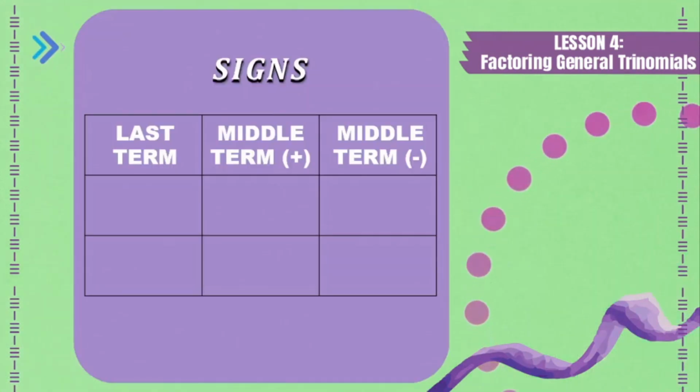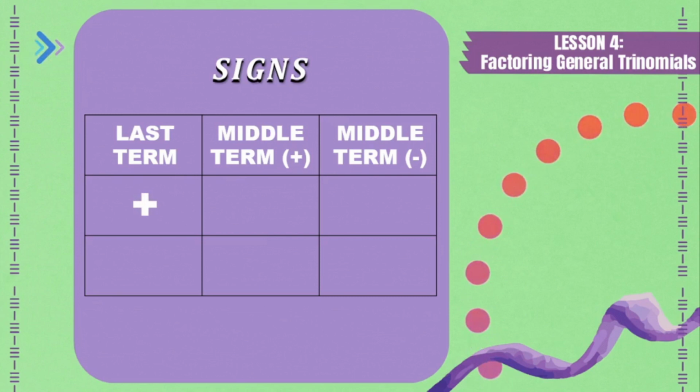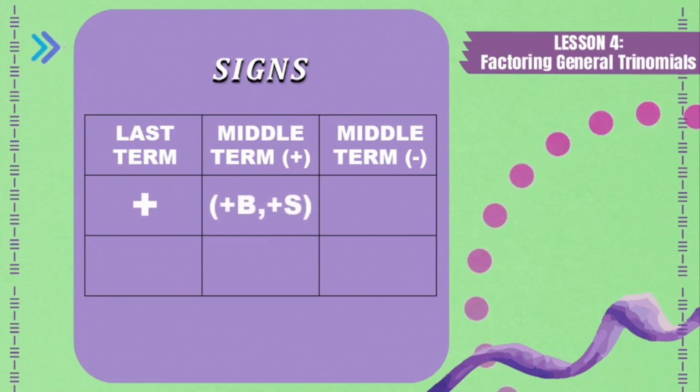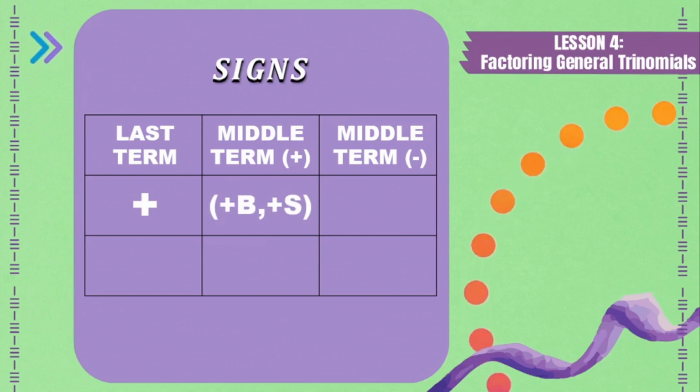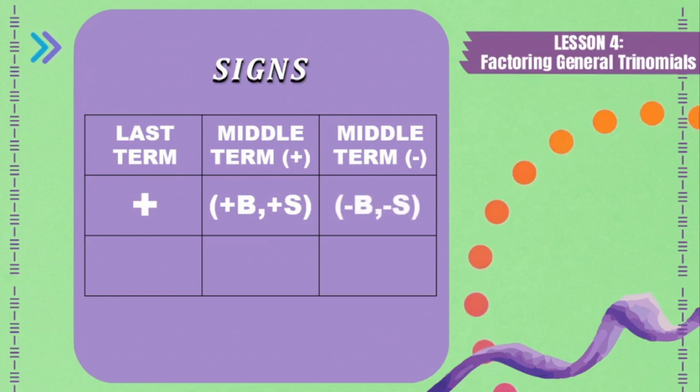Bago tayo mag-factor ng general trinomials, review natin yung signs. Kapag last term natin ay positive at ang middle term natin ay positive din, pareho silang positive, or yung dalawang factors na hinahanap natin ay parehong positive. Kapag ang last term natin ay positive and ang middle term natin ay negative, pareho silang negative.